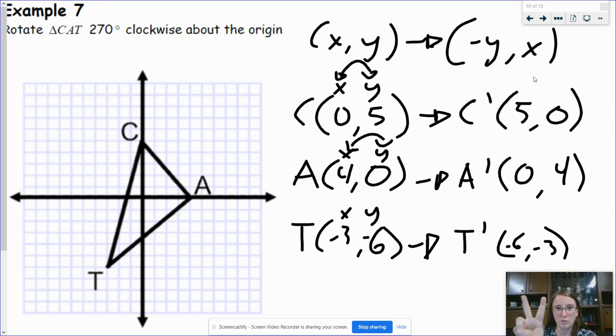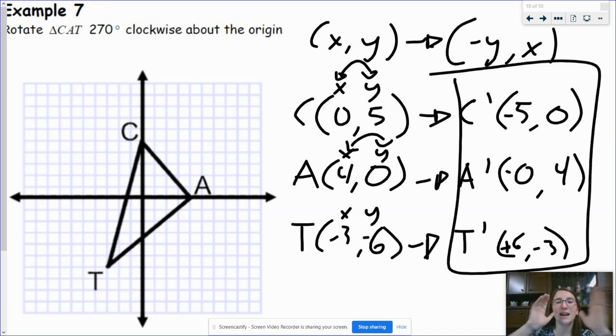What we just did was we switched the x and the y. Now we need to make the first number opposite. So I'm going to go through now and make this first number the opposite of what it was. Now this is a negative down here, so that becomes a positive. So there's my answers. That might help to do it in chunks that way.